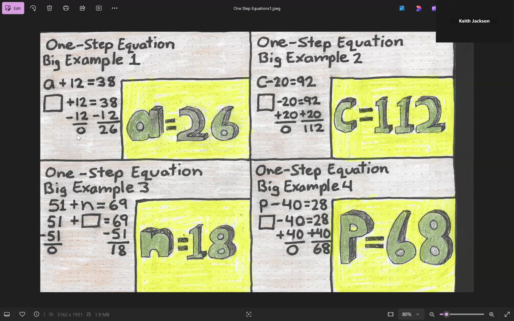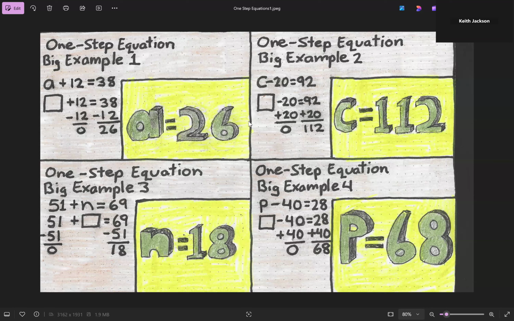Notice that we should have a 0 on one side of the equal sign and a number on the other side. And that number lets us know that that is the answer, because we know that A is equal to 26, because when we plug 26 into the box, 26 plus 12 will equal 38.